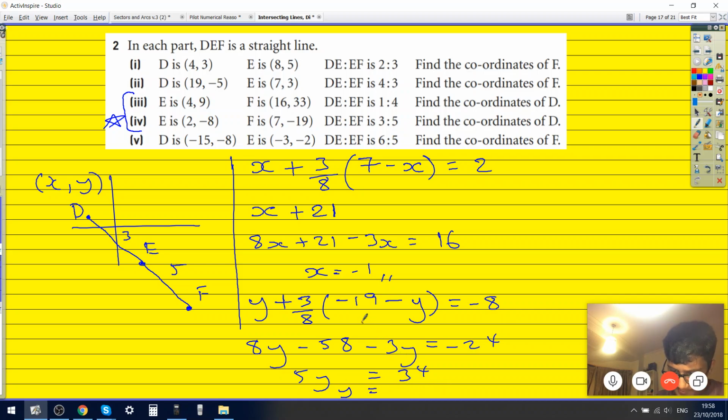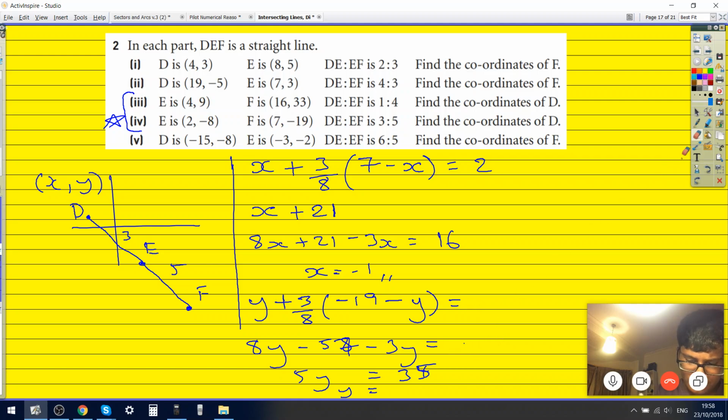So 8Y minus 3Y equals minus 16 plus 57. So 5Y equals 57 minus 16, which is 41. So Y is 8.2.